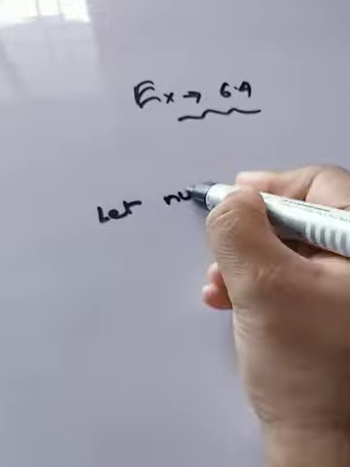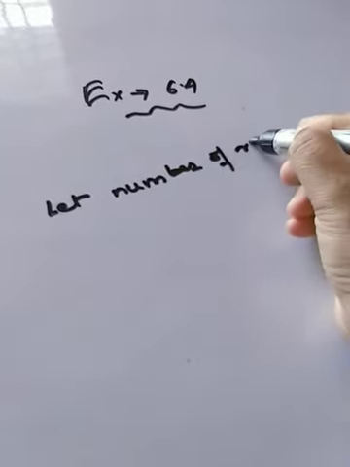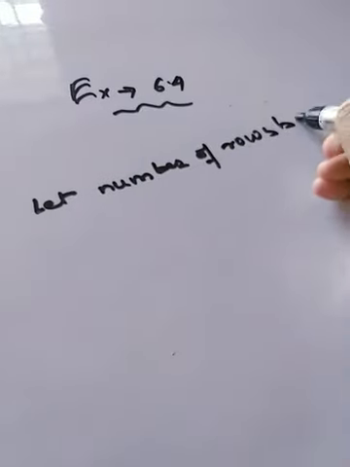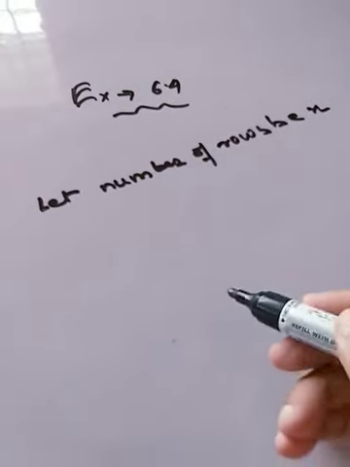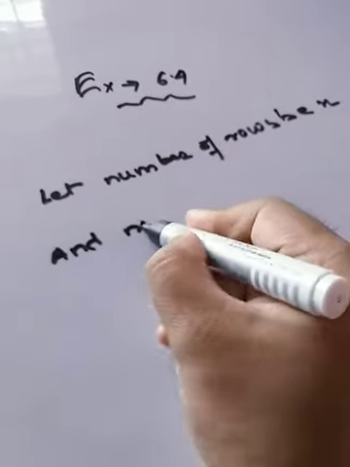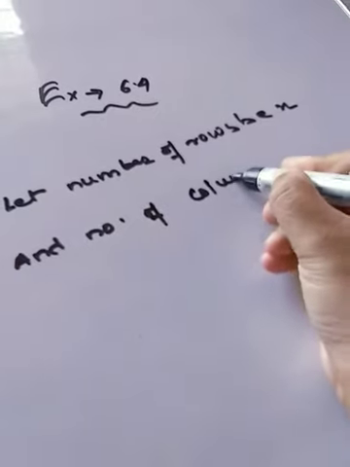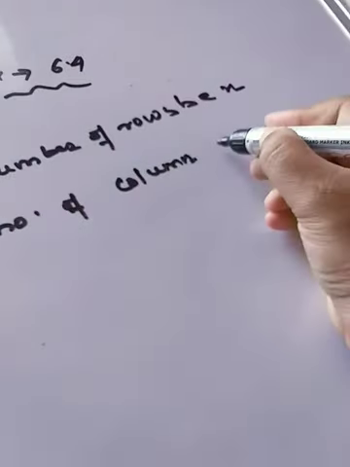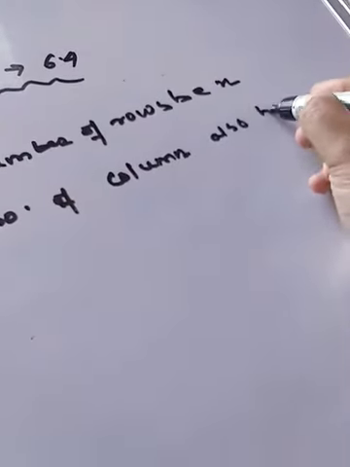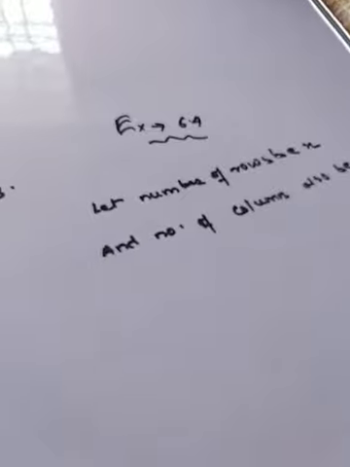Let the number of rows be x, and the number of columns also be x, as he is planning to do the same thing; the number of rows and columns will be the same.